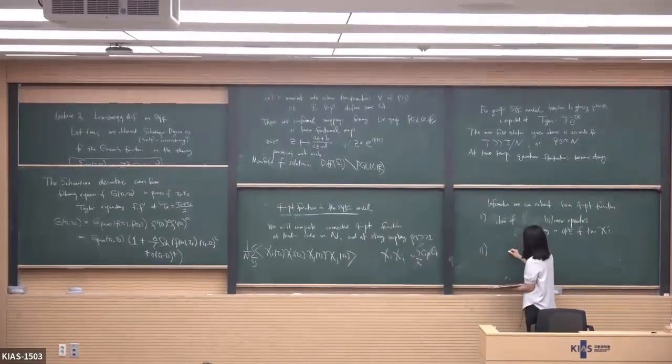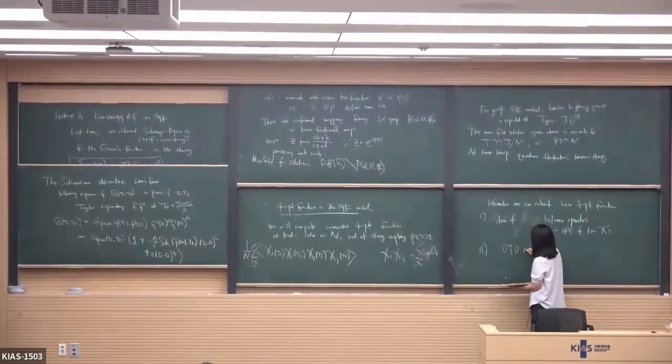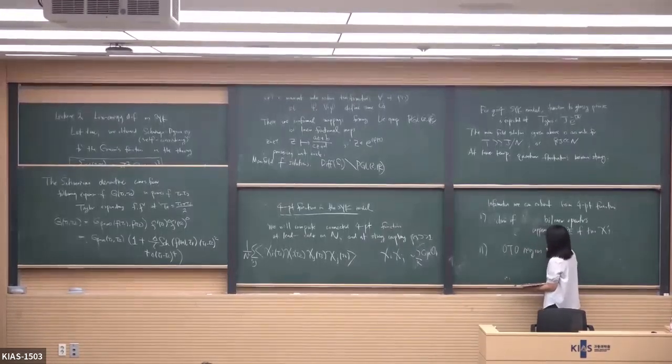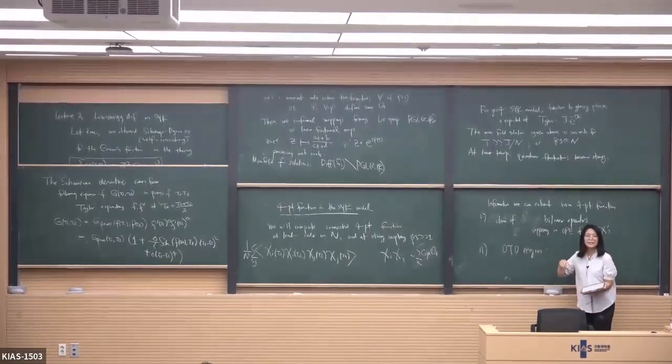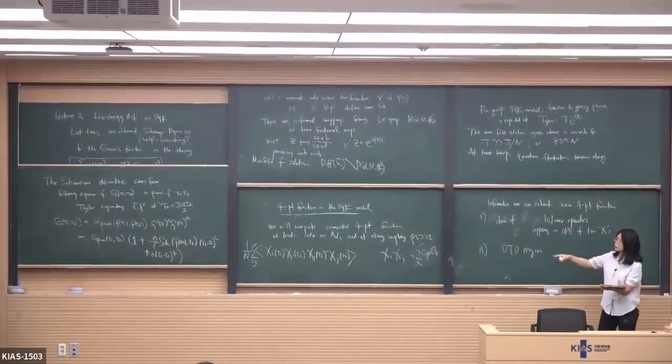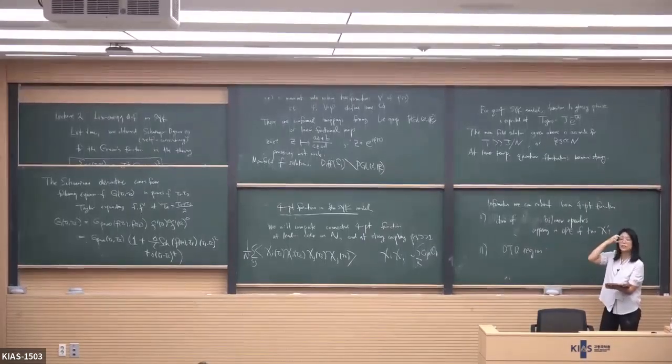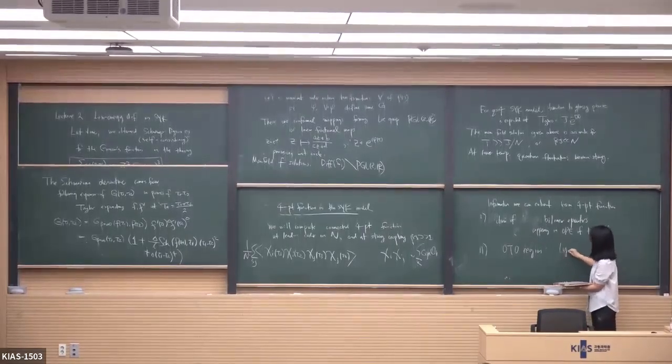And in that region, in the OTO region, we see when we analytically continue back to real time, so we do the computation in Euclidean signature, and we continue to real times, we are going to see what's called a Lyapunov exponent.